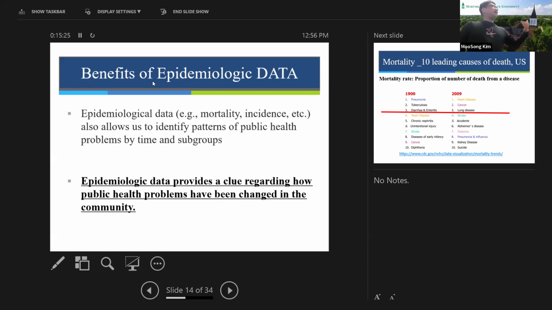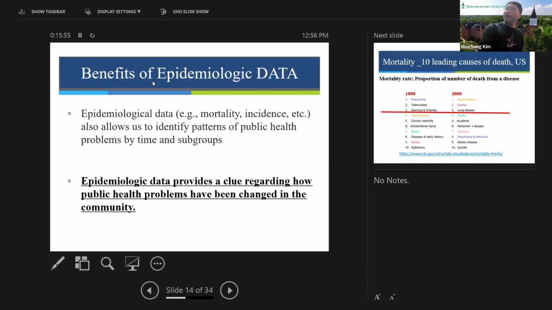These data give us important information about how disease trends change over time. They also tell us which population is more likely to get those kinds of disease. So these epidemiological data give us many benefits.